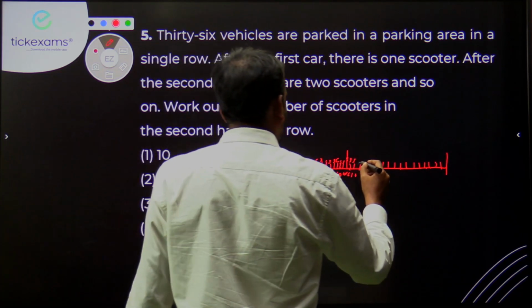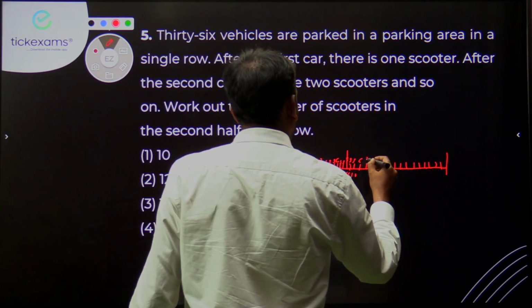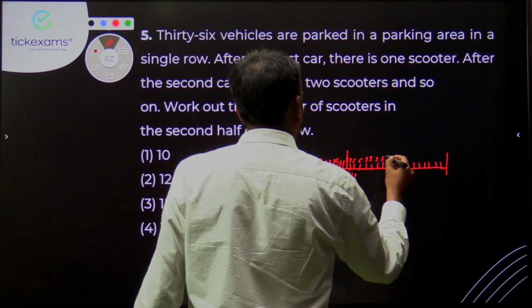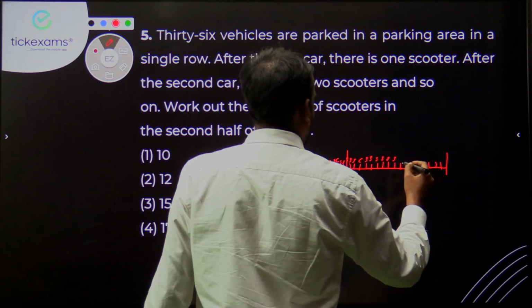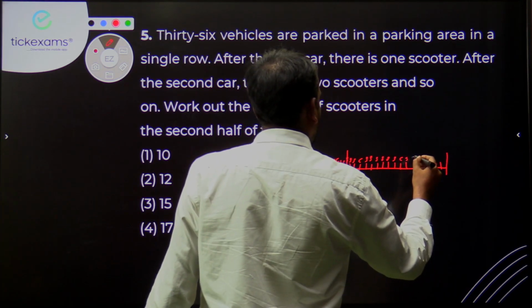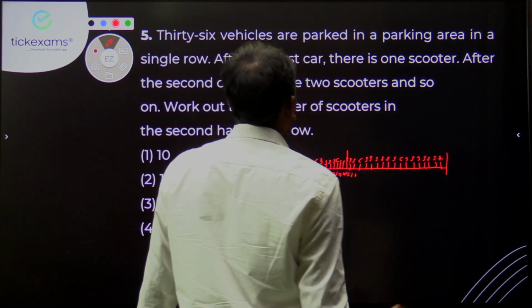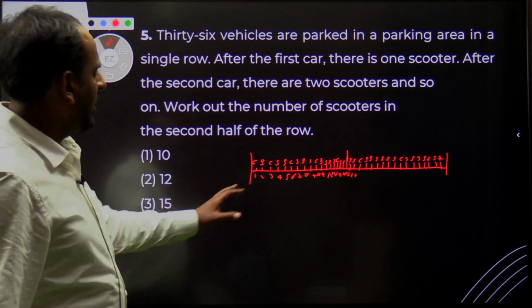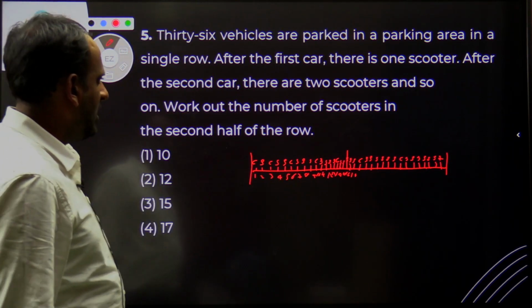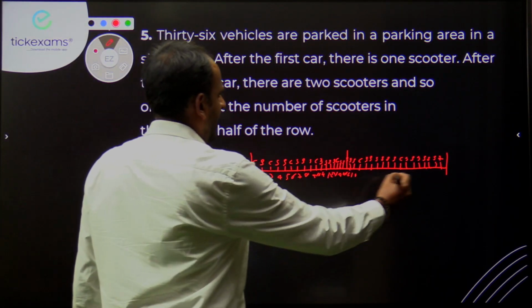After the sixth car, 1 to 6. After the seventh car, 1 to 7. And so on. So in total we have 36 vehicles, and we have written in this order.